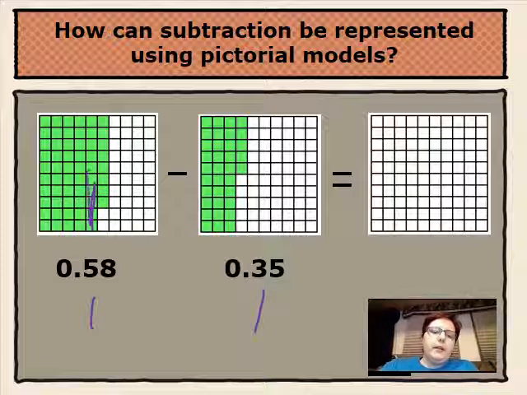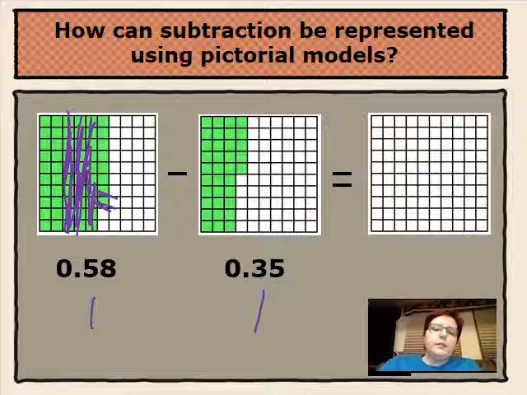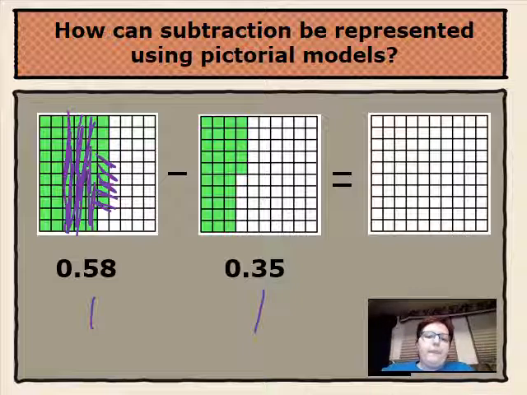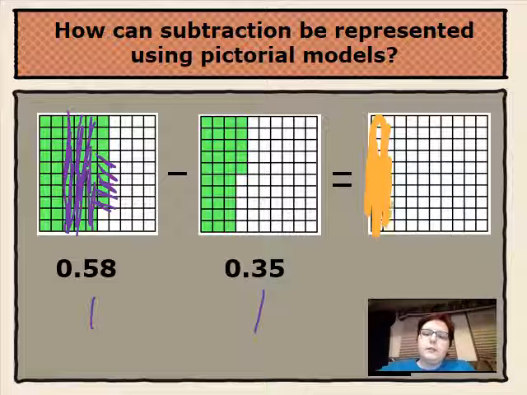So if we take away 3 of the 50 and 5 of the 8, it then gives us our difference, which is 23. So our answer is 23 hundredths.